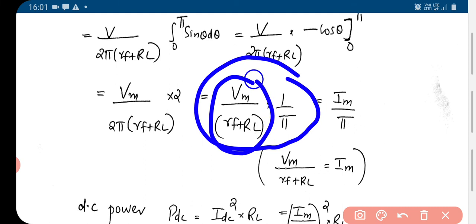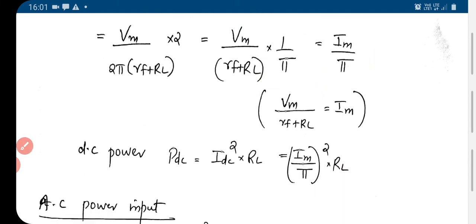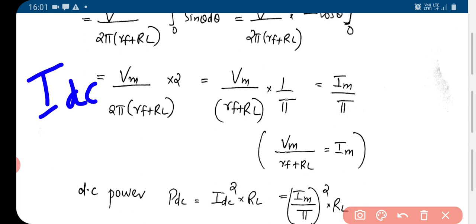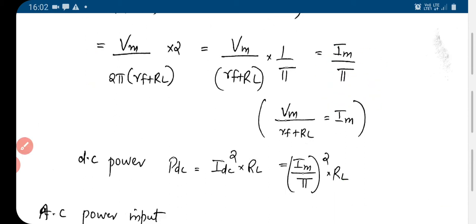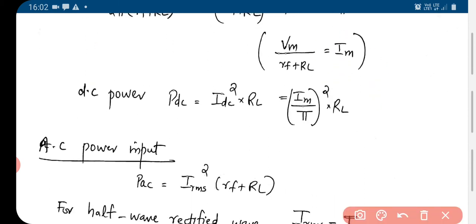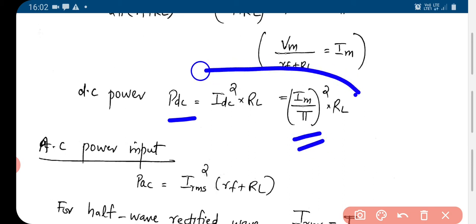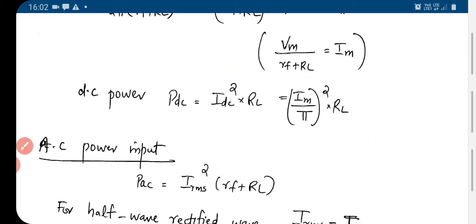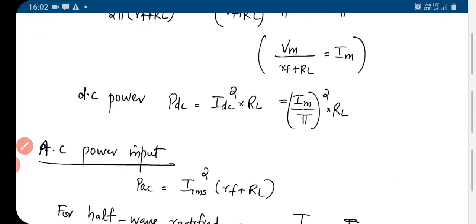If we write this as Im, the maximum current, then the average current IDC equals Im by pi. So PDC is given by Im by pi whole square into RL. This is PDC, the DC power output.